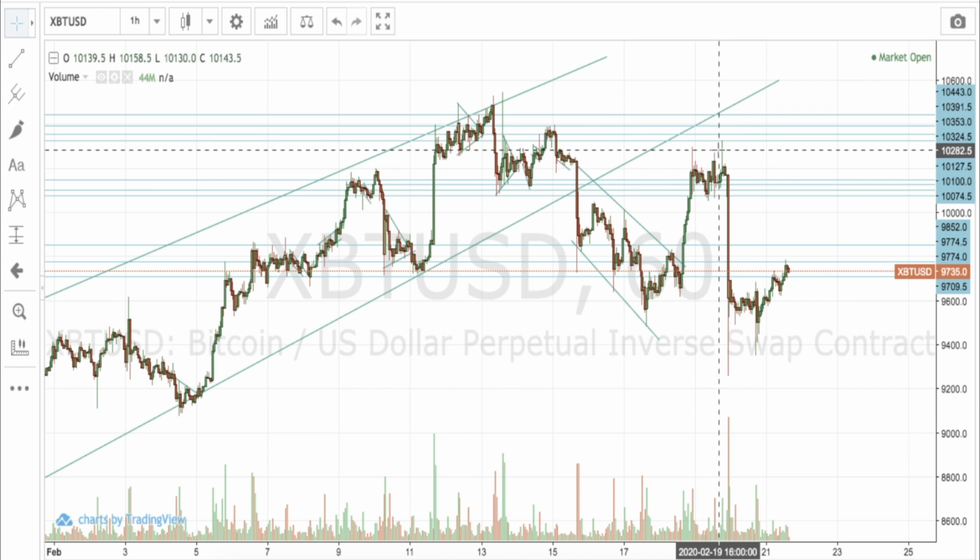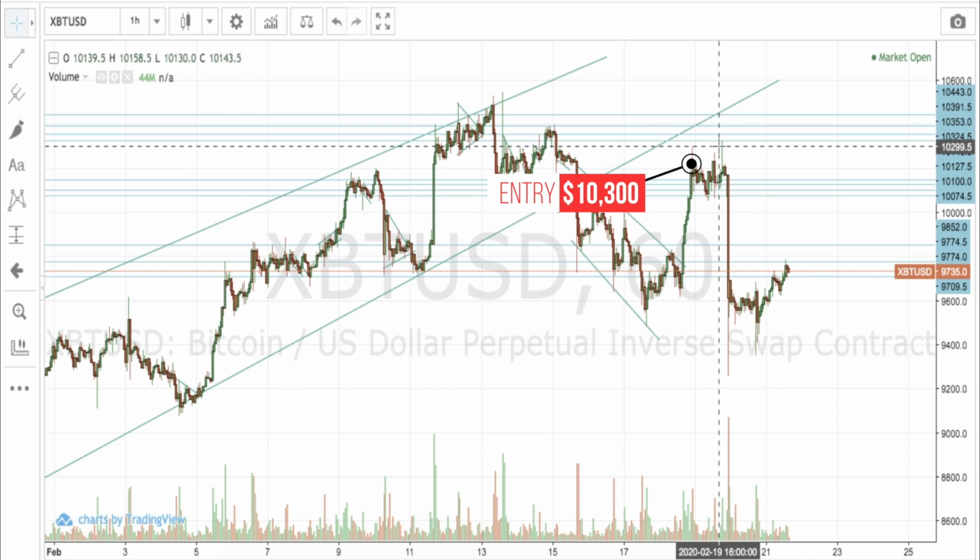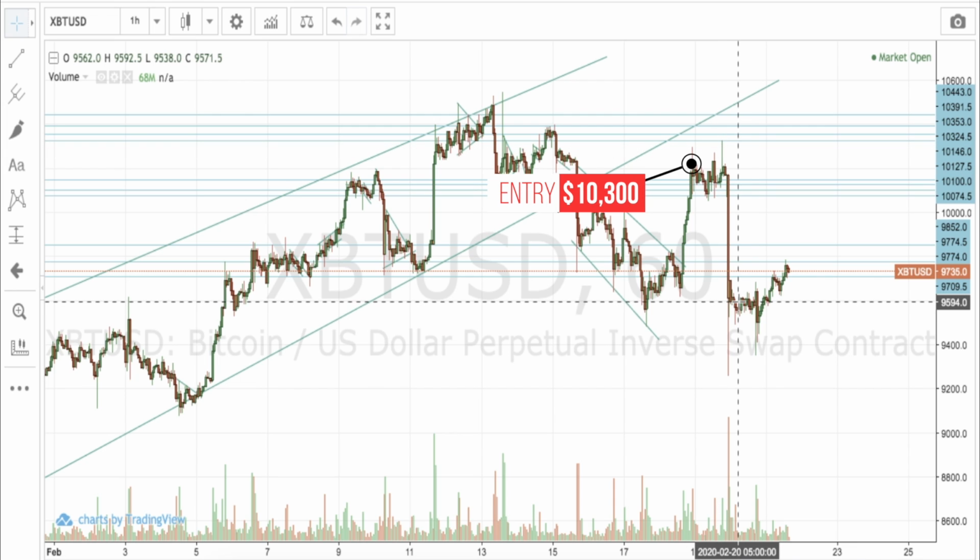As I mentioned, I entered the trade around here and I went short. So at this point, as the trade has moved significantly in my favor, what I'm trying to achieve is a balance between protecting the profits that I've already made, but also not putting a stop loss that is too tight and therefore doesn't allow my profits to keep on running.